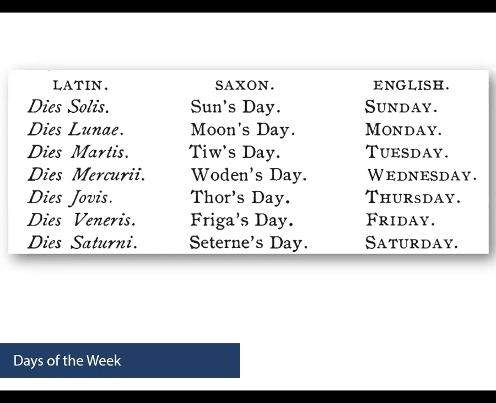Woden for Wednesday is Odin. We have Thor, we have Frigga, and Saturn. And now, of course, you can see that those all kind of morph into our traditional Sunday, Monday, Tuesday, Wednesday, Thursday, Friday, and Saturday.